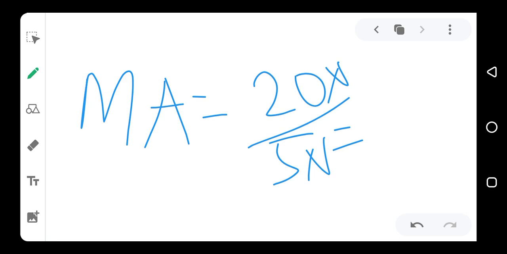The Newton will cancel Newton, no unit again. And 20 divided by 5 will give us 4. So the mechanical advantage is 4. There is no unit for it.